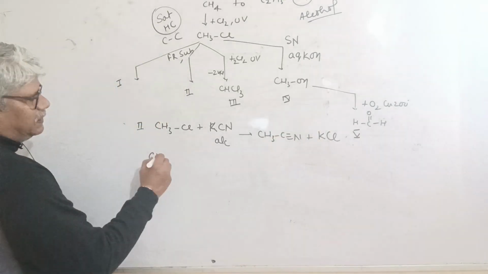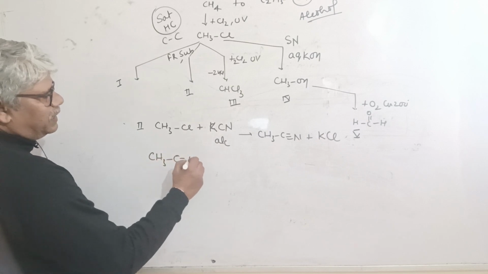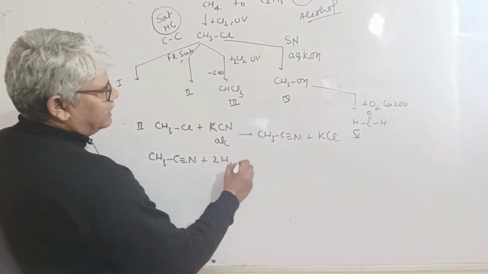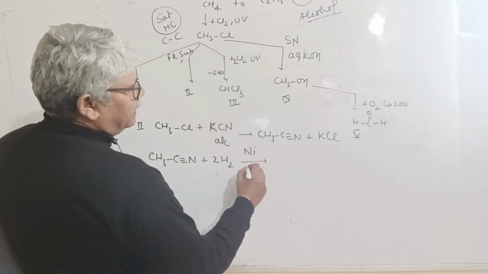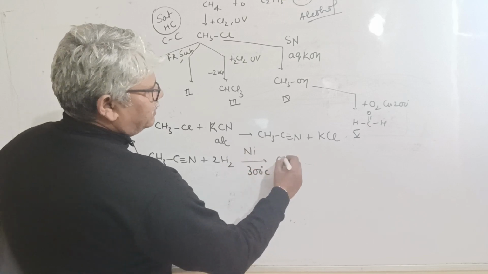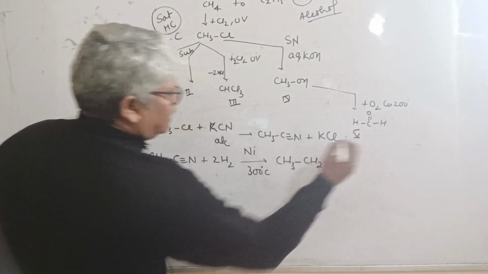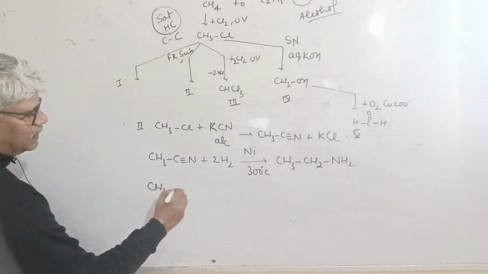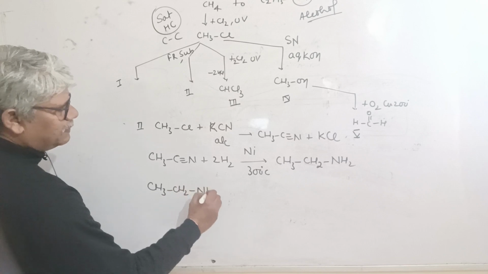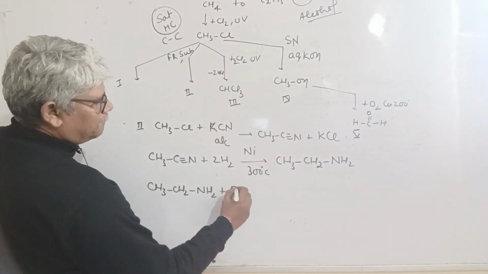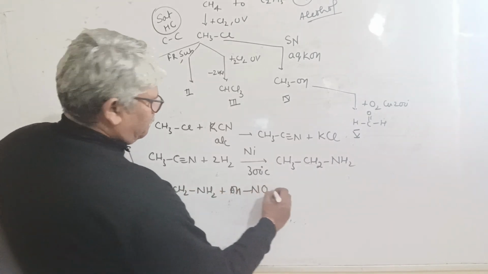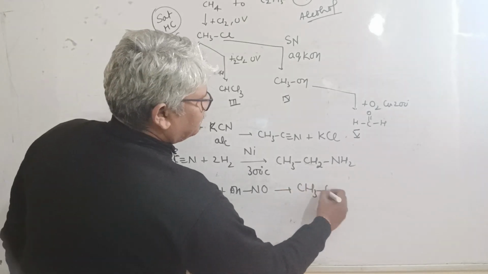Now CH3C triple bond N, when reduced with hydrogen in nickel at 300 degrees centigrade, will turn to amine. Amine, when made to react with nitrous acid, will turn to alcohol.